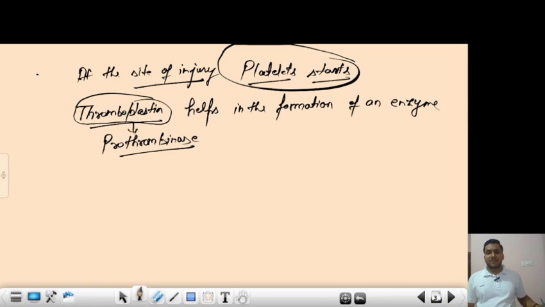It forms a very important enzyme, that is prothrombinase, and the function of prothrombinase is to convert prothrombin into thrombin.